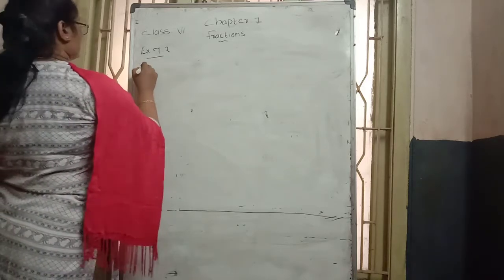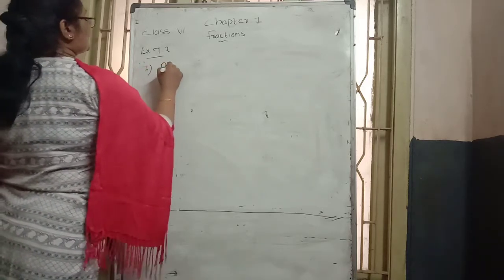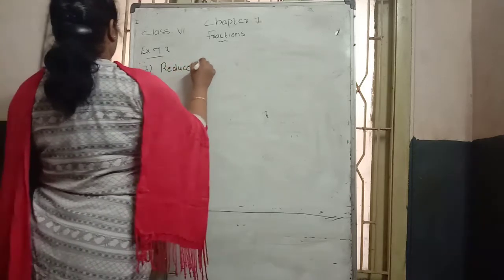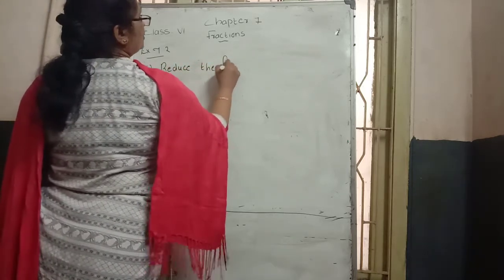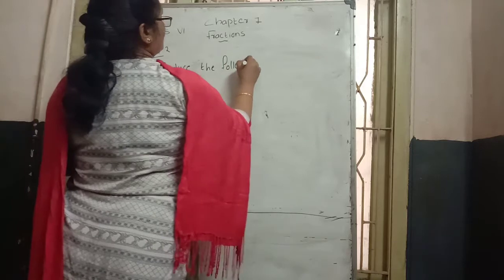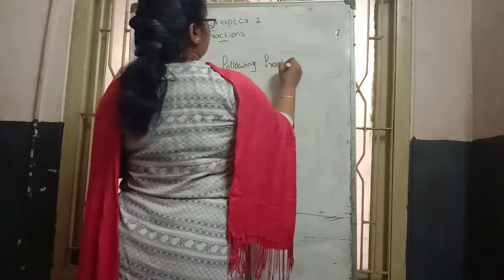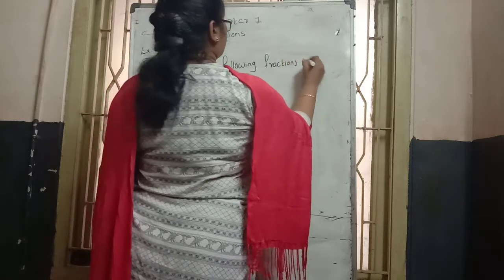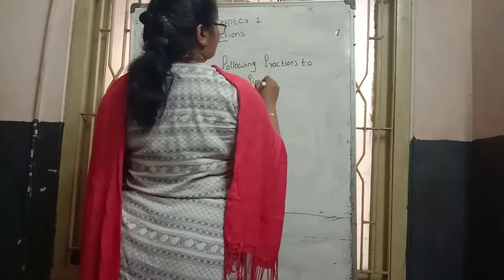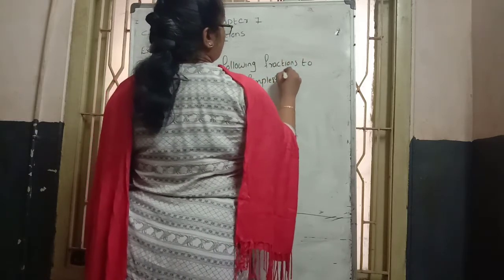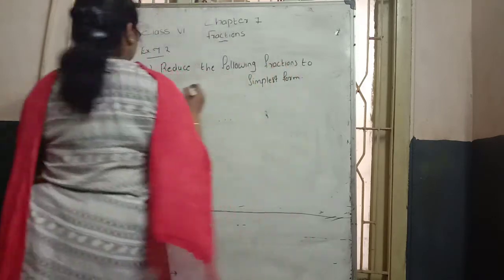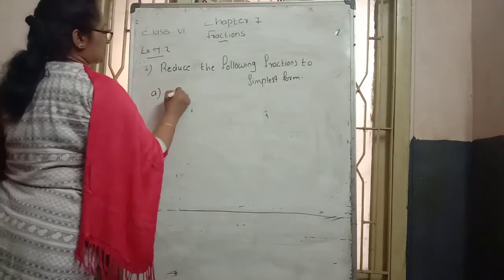See here, 7th question: reduce the following fractions to simplest form. How to reduce to simplest form? A question: 48 by 6.